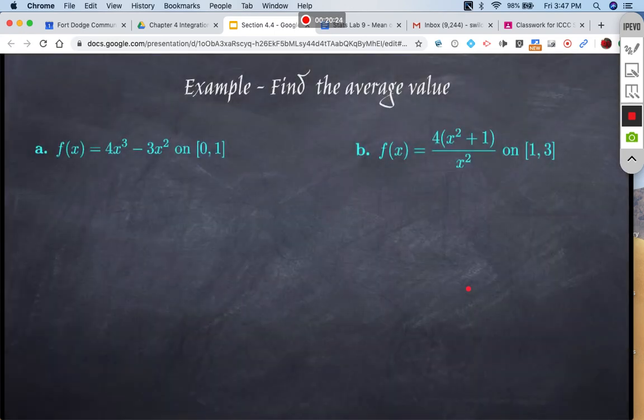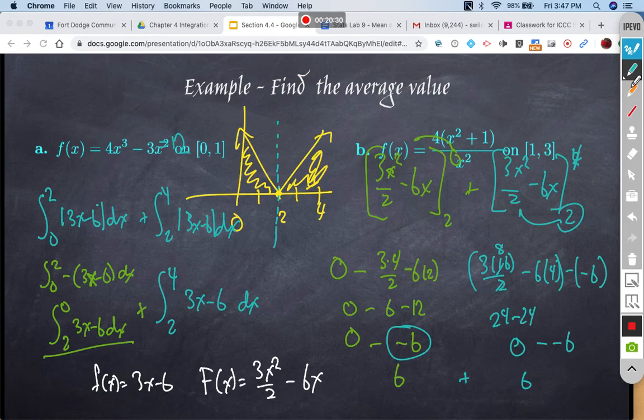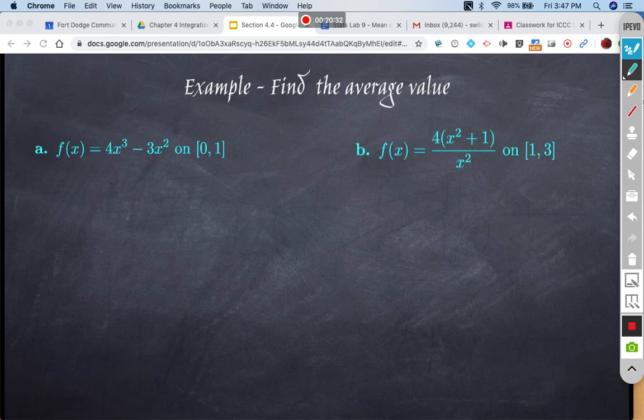So let's kind of work this out and kind of see where it looks like. On this one, to find the average value, we're going to say 1 over 1 minus 0, which is nice, and take the integral from 0 to 1 of 4x cubed minus 3x squared dx.